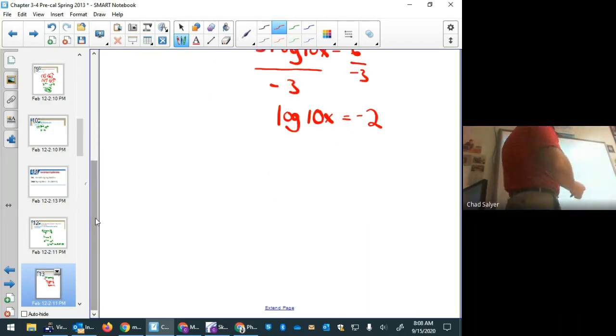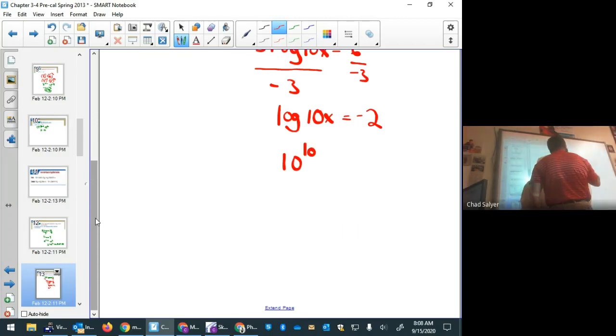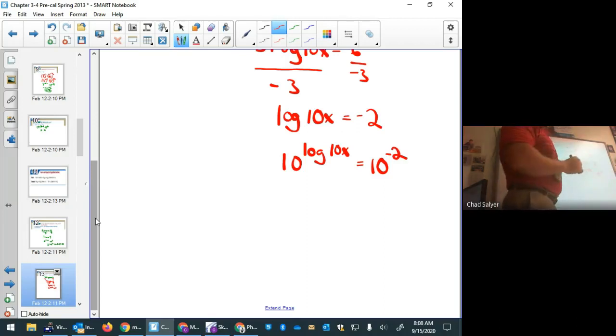Once again, we have the variable trapped in the argument of a logarithm. So once again, I must exponentiate. But this time, e is not the logical choice. The base of this logarithm is 10. And so I take both sides as a power of 10.